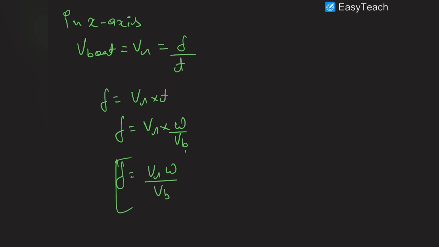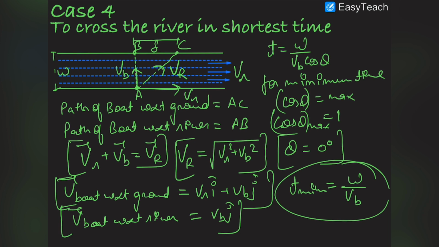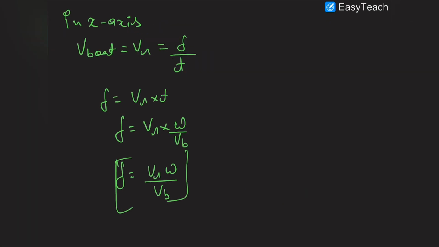You can also find this del by a simple vector approach: this is Vb and this width is W, this is Vr and this width is del.